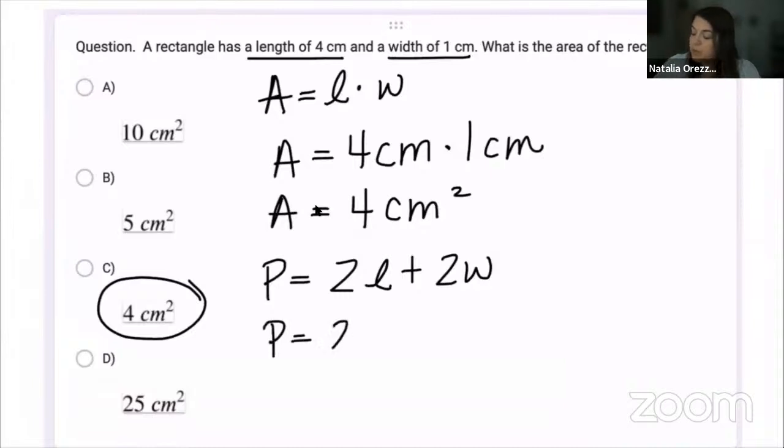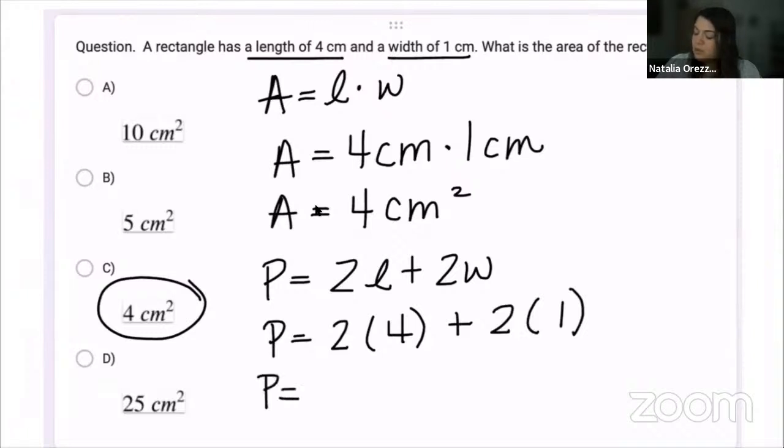Perimeter equals 2 times the length, which is 4 centimeters, plus 2 times the width, which is 1 centimeter. 2 times 4 is 8 plus 2 times 1 is 2. So here our perimeter would be 10 centimeters. And that's it. We got an easy one this time.